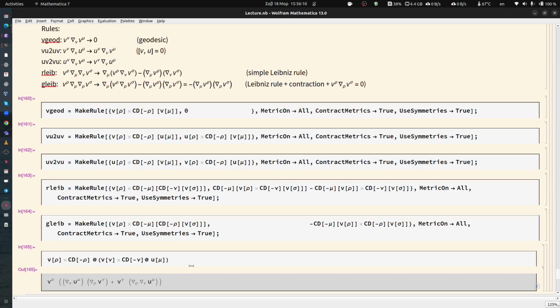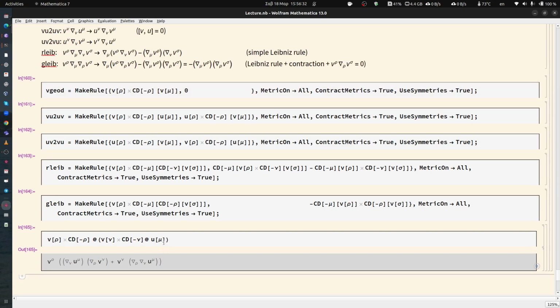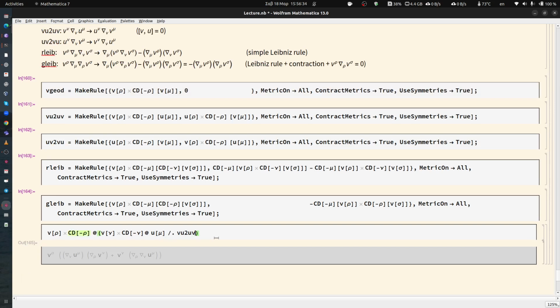So we see the Leibniz rule is applied. Now let's substitute V dU by U dV. So I will take this expression here, and instead of it I will differentiate U dV.